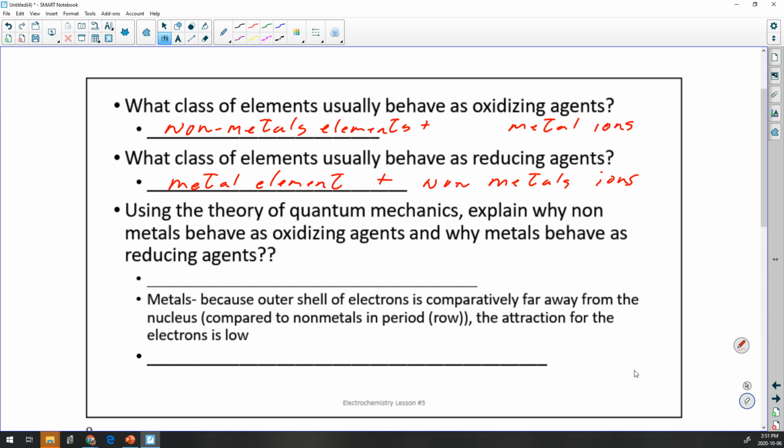Now, why is this the case? Talking about our understanding from grade 10, grade 11, probably grade 11, some grade 10 work with this. Why do nonmetals behave as oxidizing agents? Well, nonmetals behave as oxidizing agents because they have space for electrons.